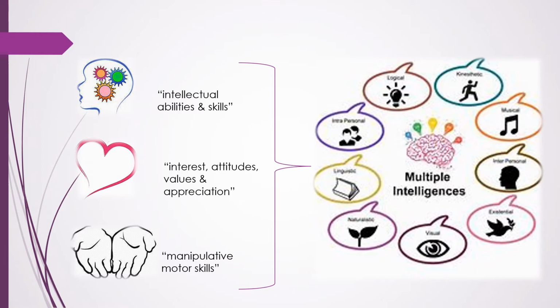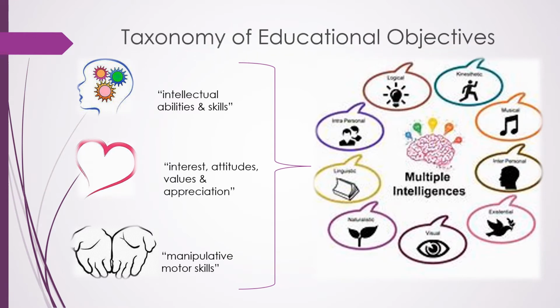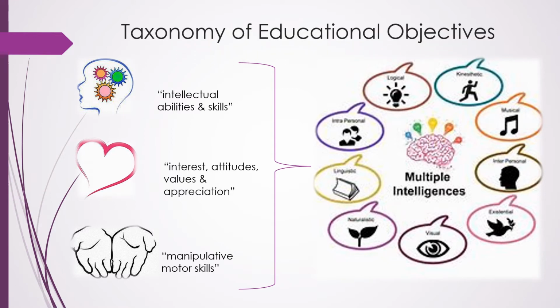Hence, there are three classifications of educational domains. Because of the intellectual abilities, the interest and attitude of students, as well as developing their manipulative motor skills, meron ngayon tayong tinatawag na three classifications of educational objectives or tinatawag nating Taxonomy of Educational Objectives.